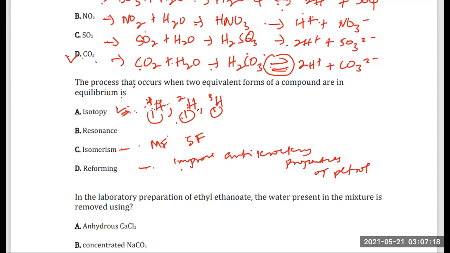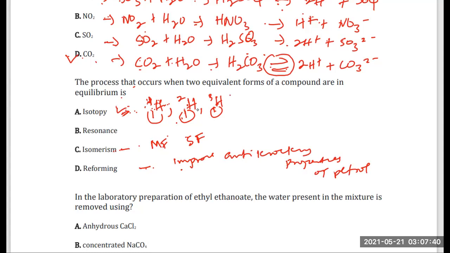It is different from cracking. Cracking is when you increase the quantity of petrol. You break down heavier molecules to get lighter molecules. But reforming is when you improve the anti-knocking properties. So we are left with one.